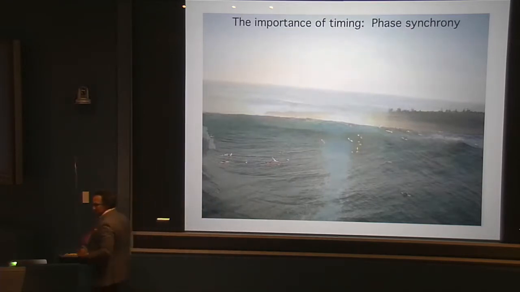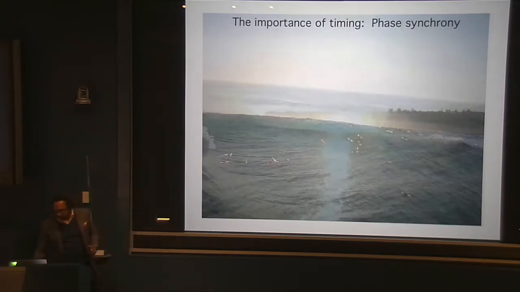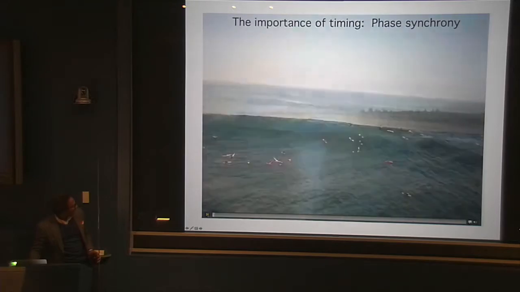And this turns out to be a rather useful thing for understanding why those oscillations were important. I'm going to show you a movie of these surfers. Think of them as neurons who are encountering a wave of synaptic input that's arriving as a population. And let's see what happens to the surfers. Okay?